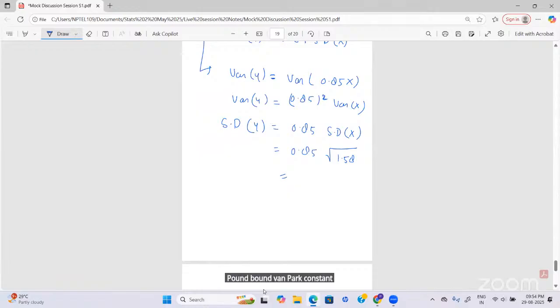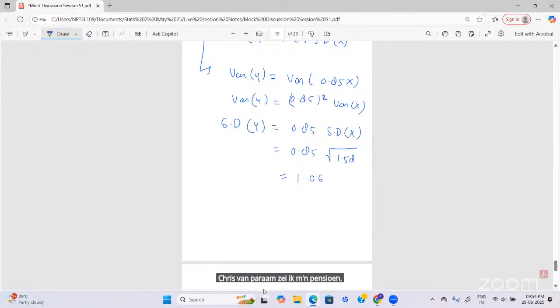Ma'am, expectation of X is 1.15, right? I think 1.25. It will come like 1.06, the final answer. Yes, ma'am. Final answer is 1.07.